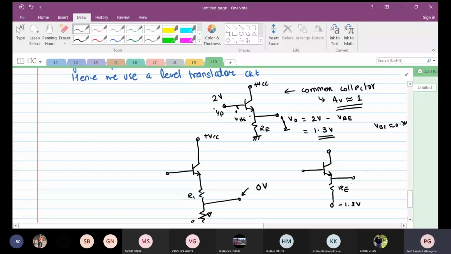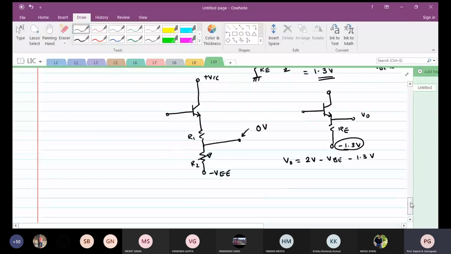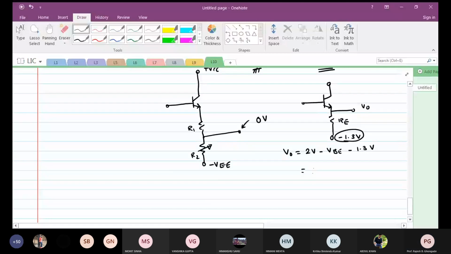So what is going to be my output voltage with respect to ground? V out will be equal to your input, 2 volts, minus VBE, minus this value. So 2 volts minus 0.7 volts minus 1.3 volts. That gives me 0.